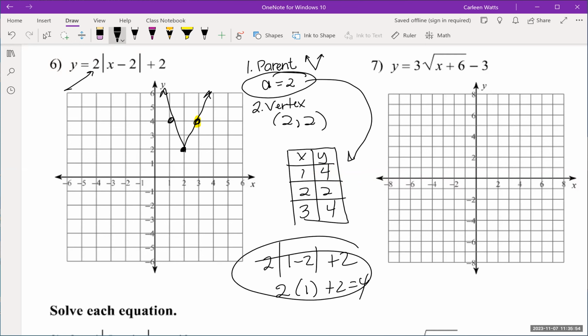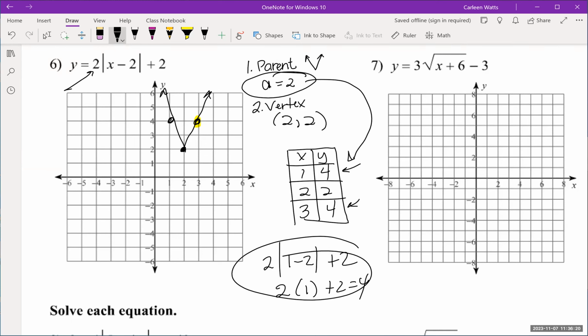But with these absolute values, you have a higher possibility of making an arithmetic error because you can't plug absolute value into your calculator. So you either do it in your head or you use the value of A to help you use the other method for getting those two values.